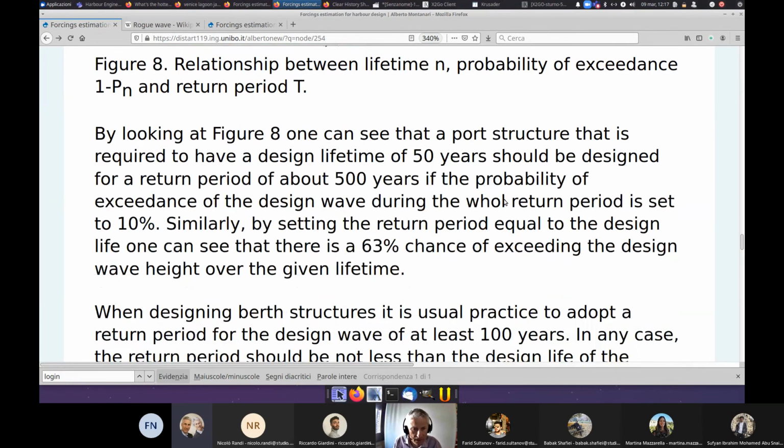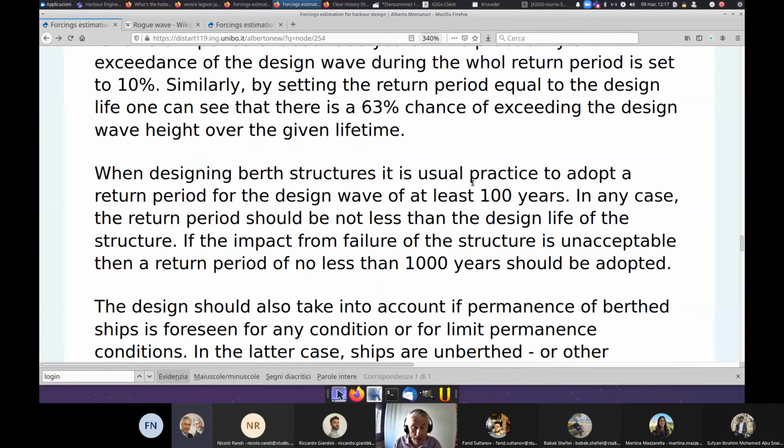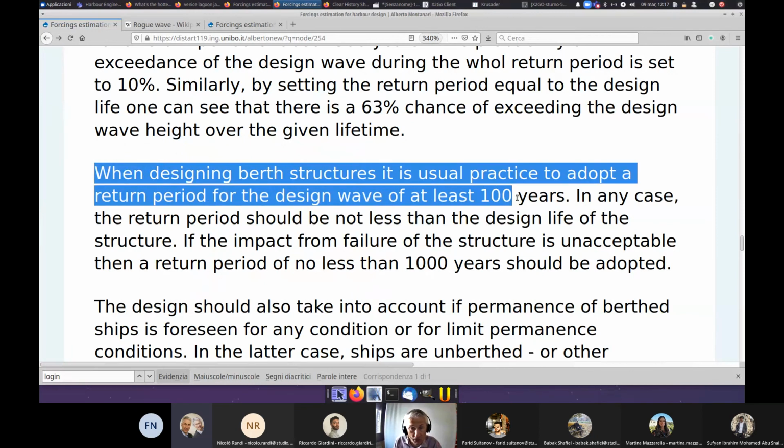Okay, and so here there are considerations, and you see here it is written, when designing a berth structure, it is usual practice to adopt a return period of at least 100 years. I just said 50, and keep it as a very rough indication, 50 years, 100 years, depending on the consequences that you expect from a failure.